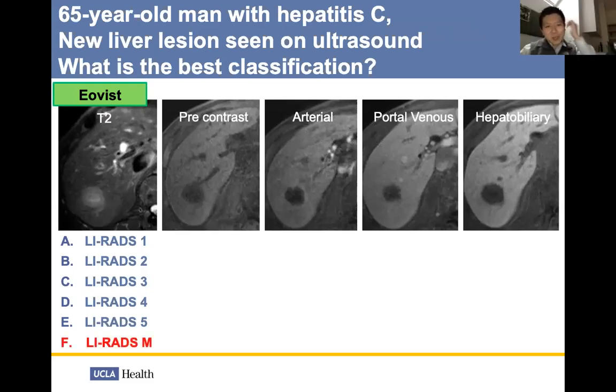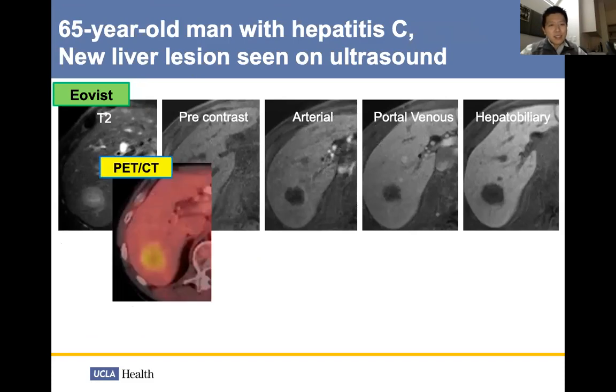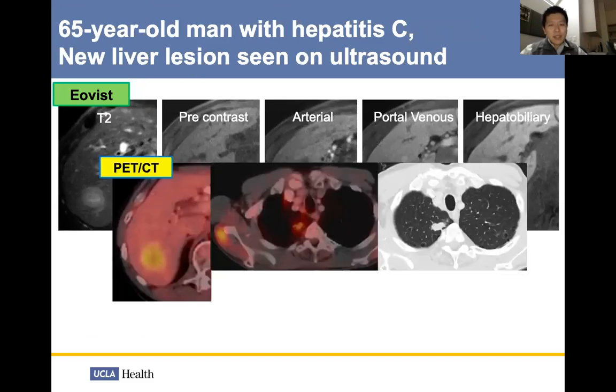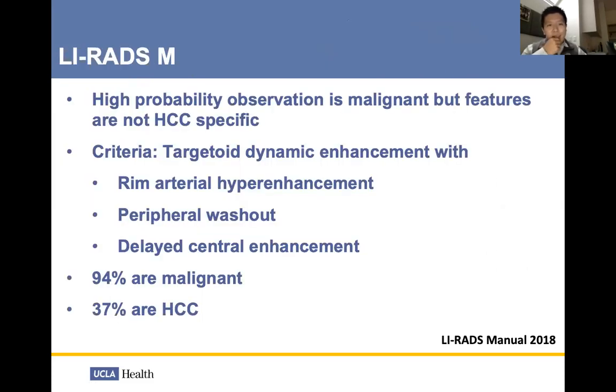Yes. So we encounter this at least once a month. Patients are getting a liver transplant evaluation, and they in fact have metastatic disease. This is the PET, and this was this lung, and so this is actually a metastatic lung cancer. So by definition, M is high probability that it's malignant, but not HCC specific.